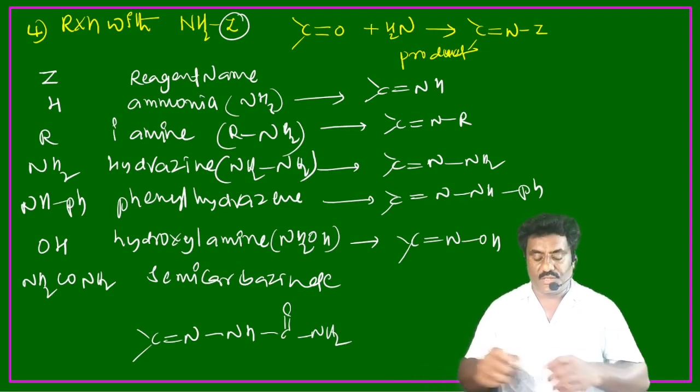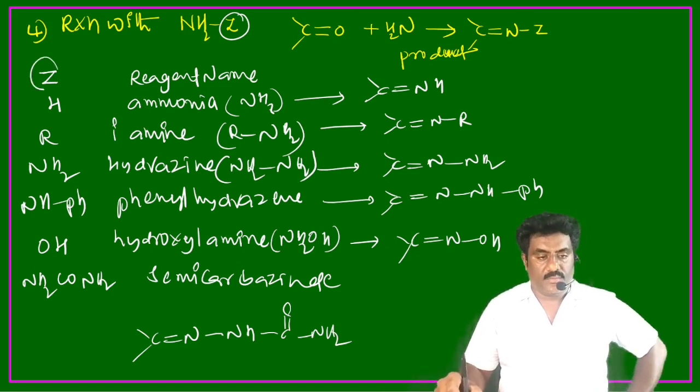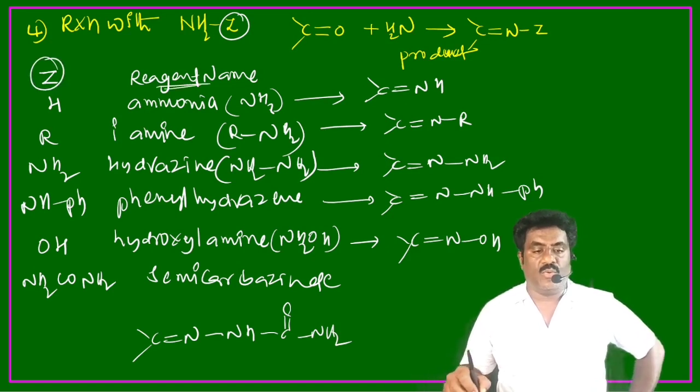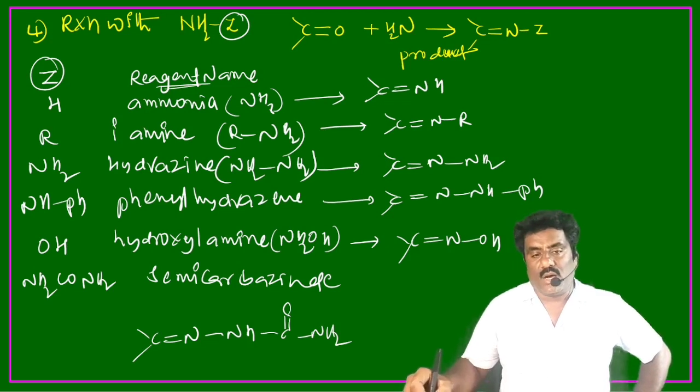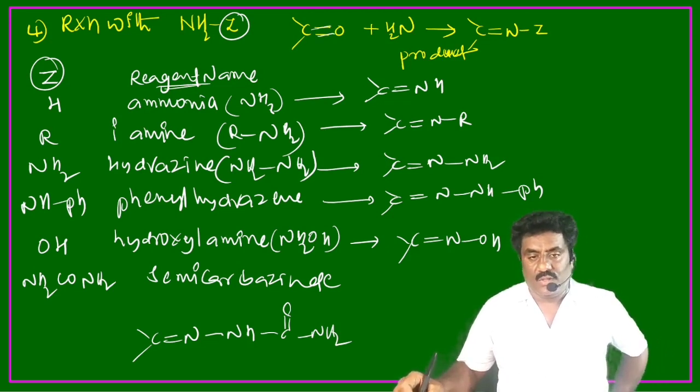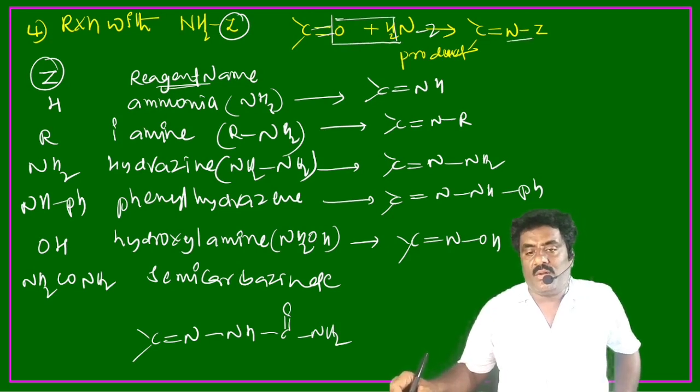See, reaction with NH2 with Z. The reagent name is ammonia, where Z means H. Others are RNH2, NHPh, OH, NH2, CONH2. See, a carbonyl compound with NH2Z gives, minus H2O, to form carbon double bond NZ.